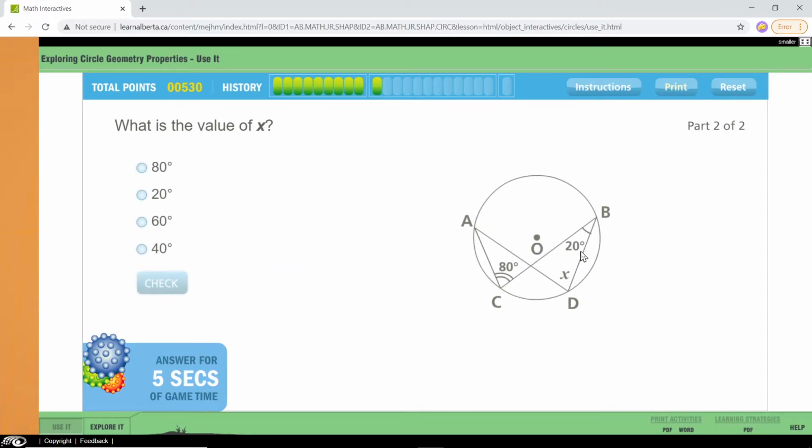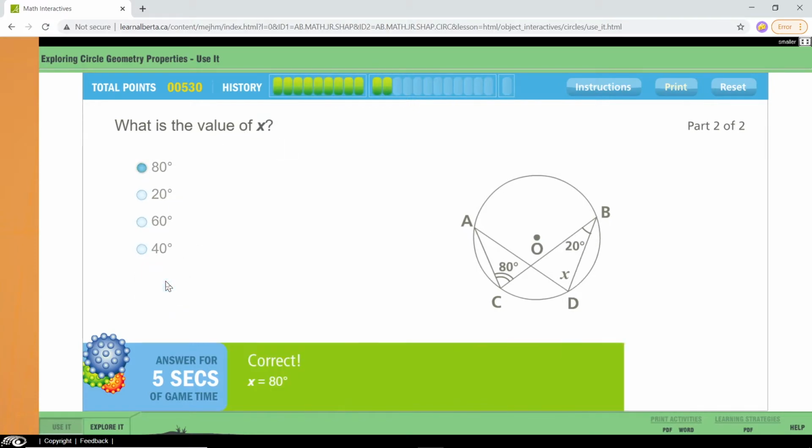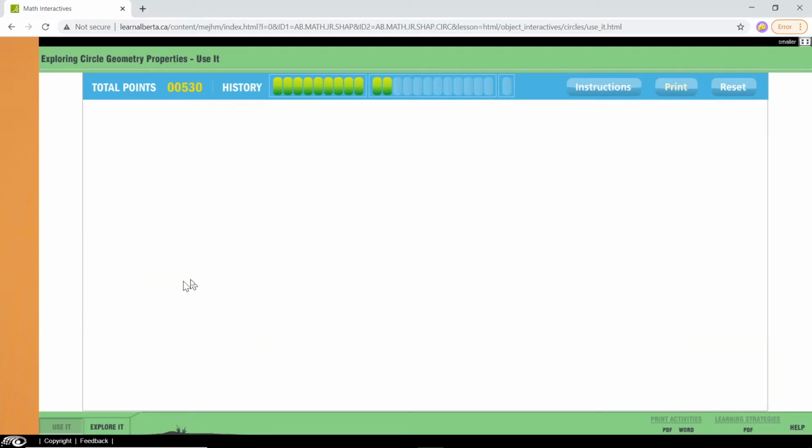If you want to find the 20 degrees, refer to arc CD, but to find x, we have to look at arc AB. From arc AB, angle ACD is 80 degrees. Therefore, angle ADB is also 80 degrees. Okay, next.